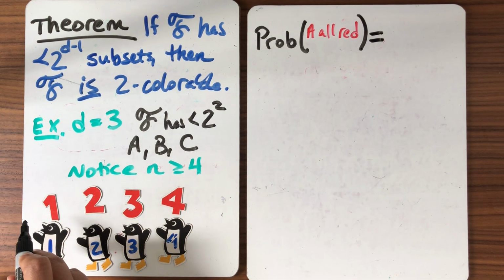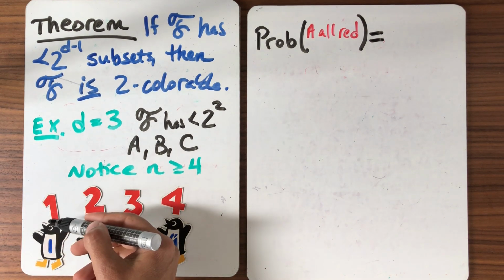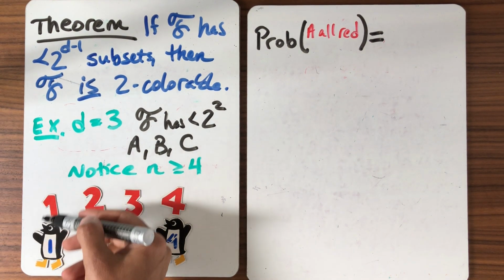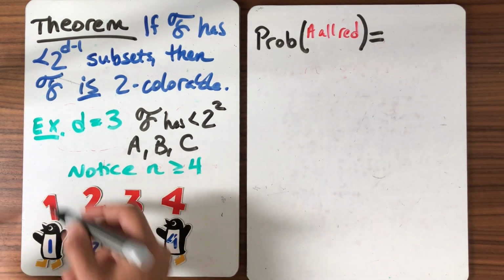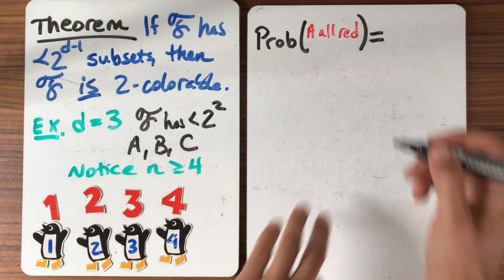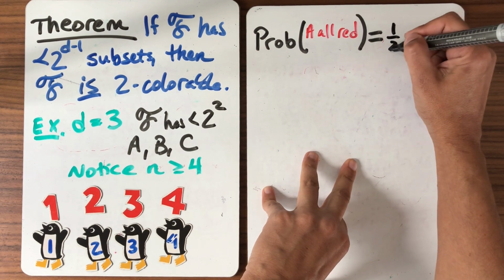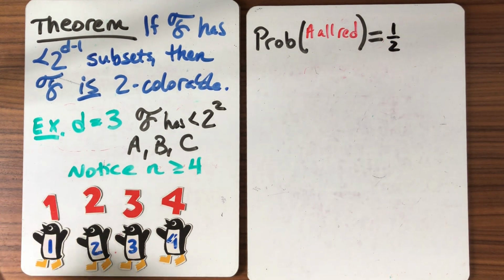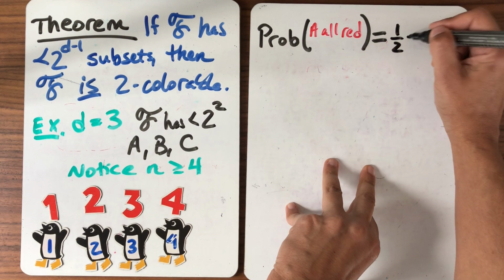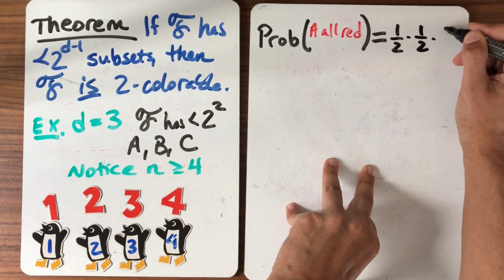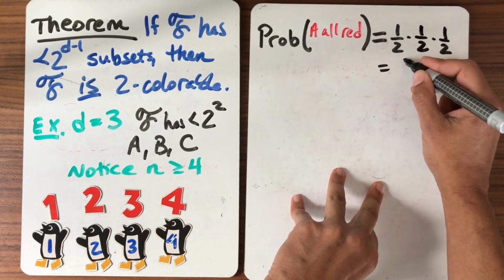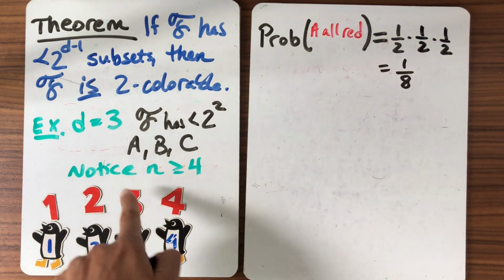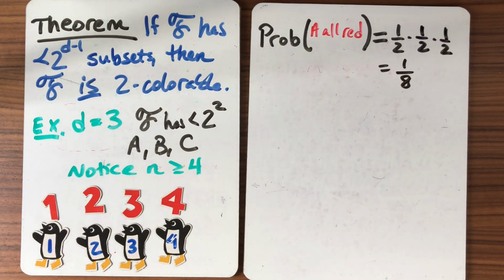I could think about randomly flipping a coin, and if it's heads, I pick red, and if it's tails, I pick blue. So the probability that the first number in A is red is 1/2. The second number, there's a 1/2 chance that it's red. And the third number, there's a 1/2 chance that it's red. So that gives me a total probability of 1 out of 8 that the set A is all red.